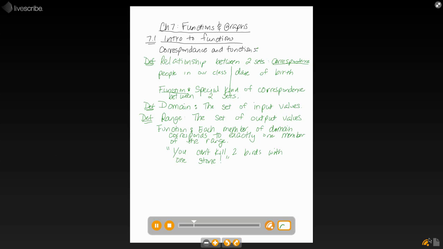It's an easy way to remember if you can remember that sentence. In other words, you can't have two members in the range corresponding to one member of your domain. Okay? You can't kill two birds with one stone.